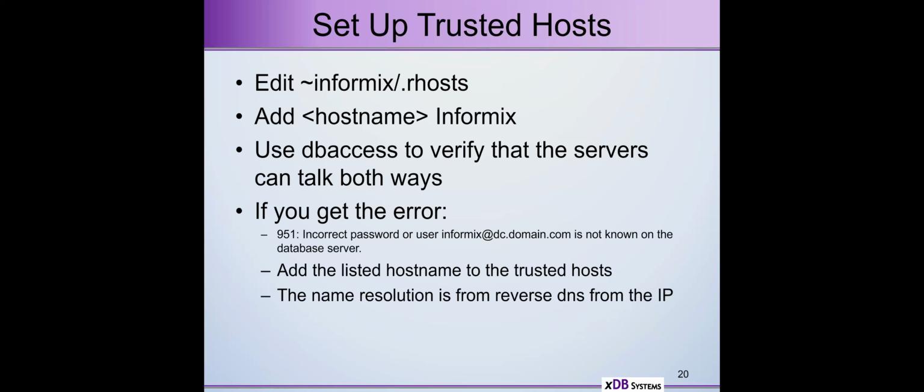If you see the error 951, and this is a common one that I've run into, you'll actually see the full name of the system it's coming from. So in this case, it's at dc.domain.com. The reason this will trip people up is it uses reverse DNS to find the host name based on the IP address it's coming from. Sometimes DNS is not configured correctly, so that one IP address might be set up under multiple reverse DNS host names.